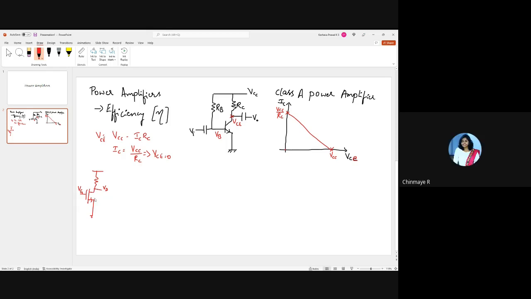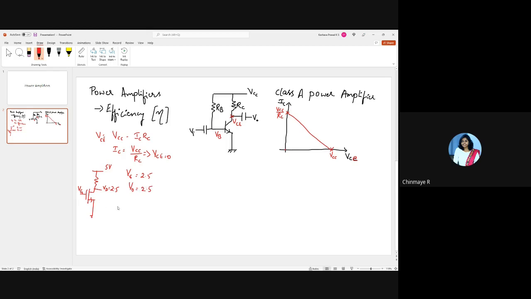Okay. So now let us say VD is equal to 5 volts, and VG is equal to 2.5 volts. VD is also equal to 2.5 volts. And we have met all the conditions so that this operates in saturation.